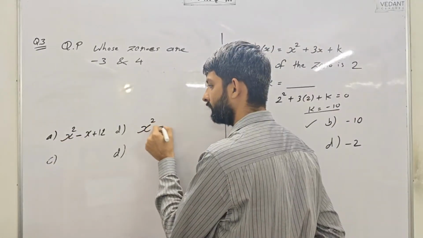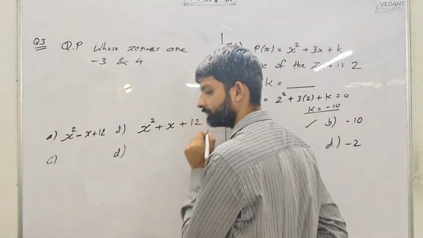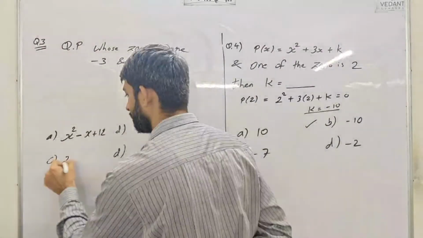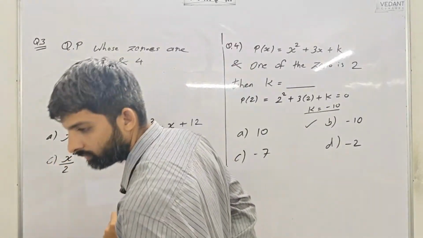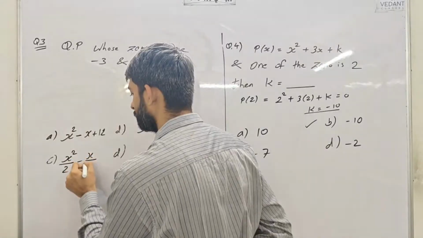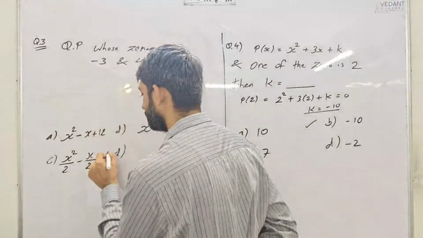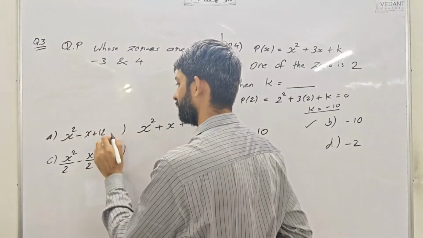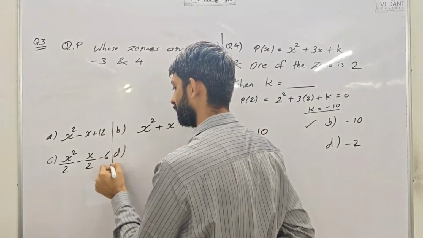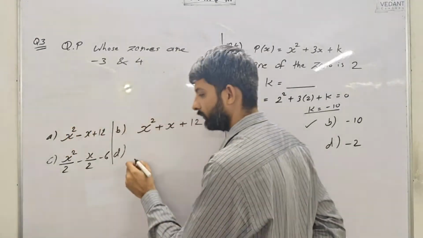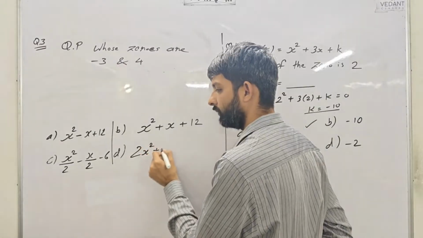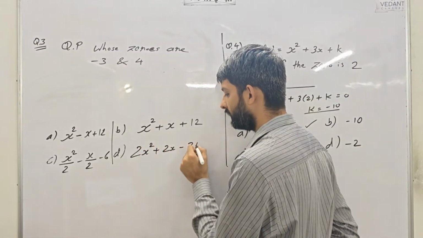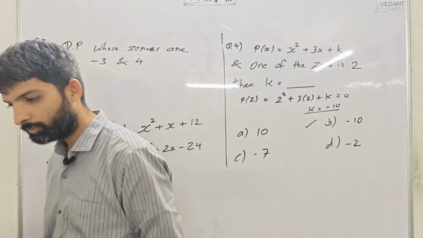Then option B is x square plus x plus 12. Option C is x square by 2 minus x by 2 minus 6. And then option D is 2x square plus 2x minus 24. These are the options.